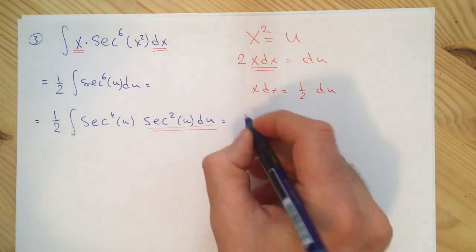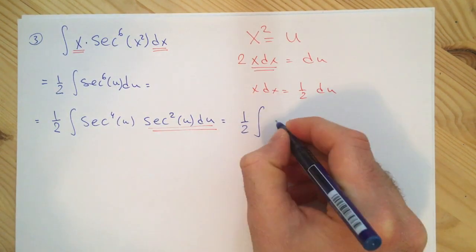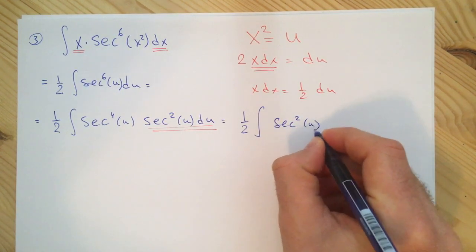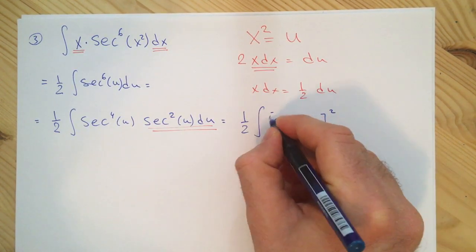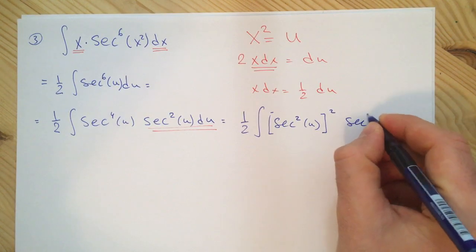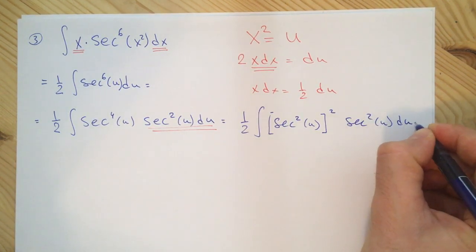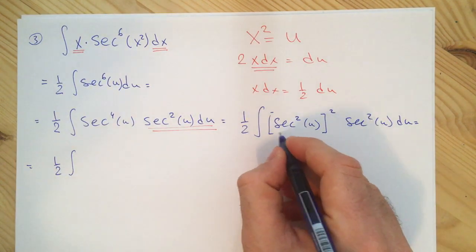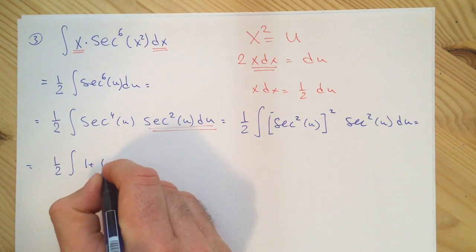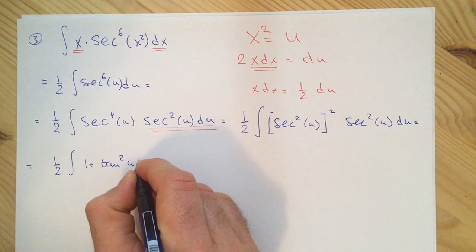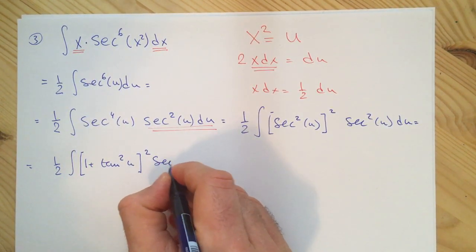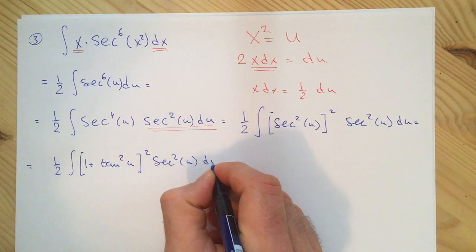Well, in order to get to secant squared here, secant to the power of 4 is secant squared of u, the whole thing squared, and secant squared is 1 plus tangent squared of u, squared, times secant squared of u du.